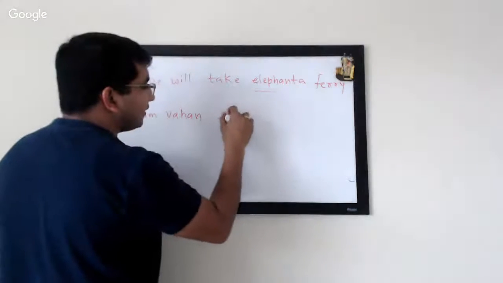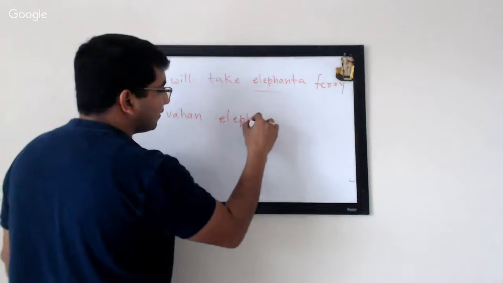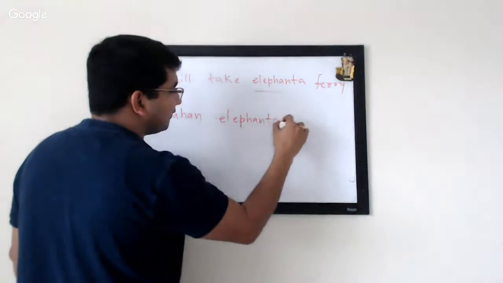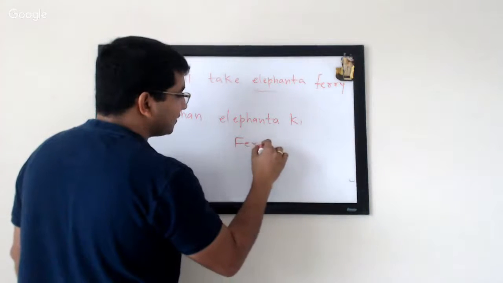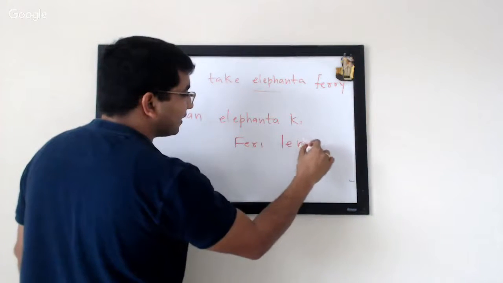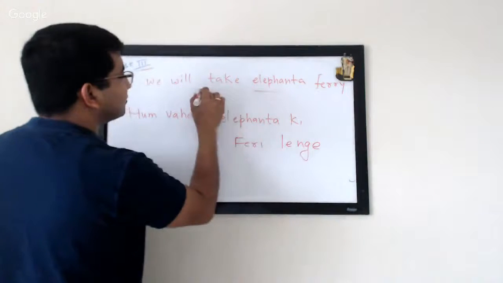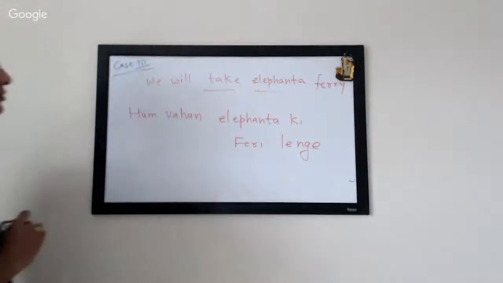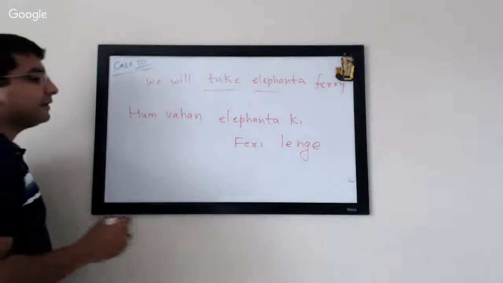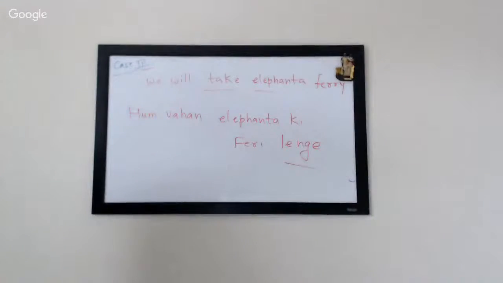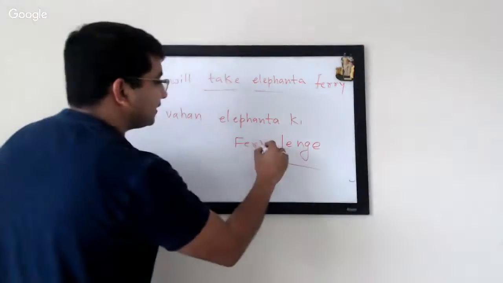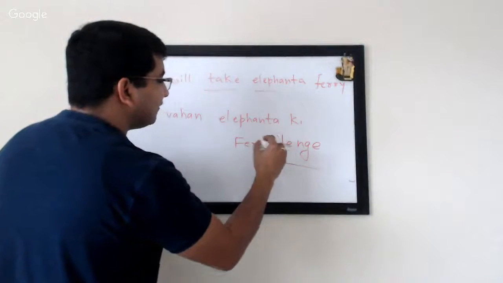You can say हम वहाँ Elephanta की ferry लेंगे, because the verb is to take, right? So हम वहाँ Elephanta की ferry लेंगे.